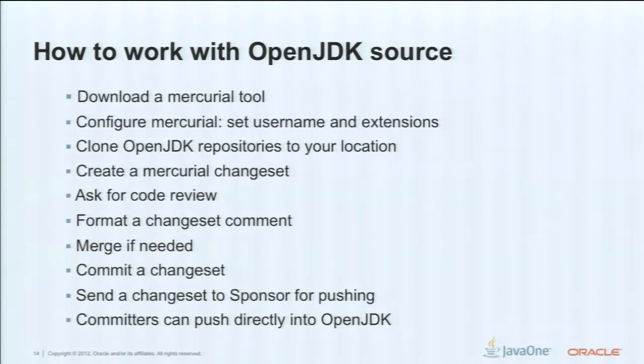And if everything is fine, you send the change set to a sponsor for pushing. So if everything is reviewed, everything built, and you passed all the tests, you send that change set to the sponsor, and the sponsor will help you to push it to OpenJDK. And definitely, if you have committer rights, you can move your change set into OpenJDK directly.